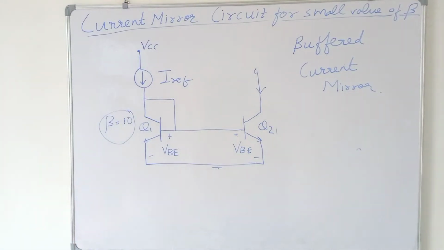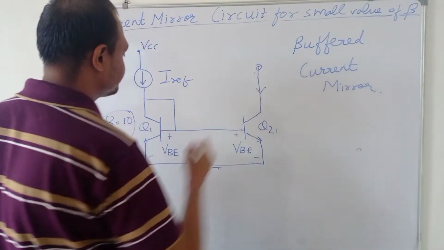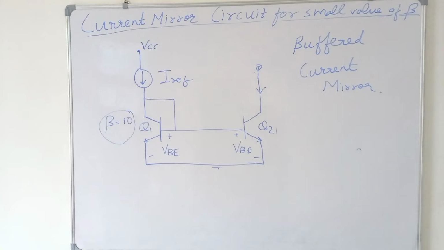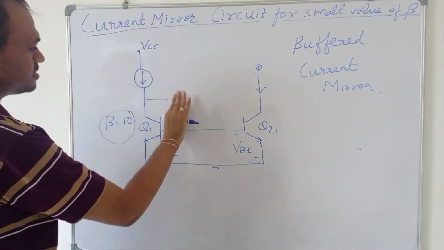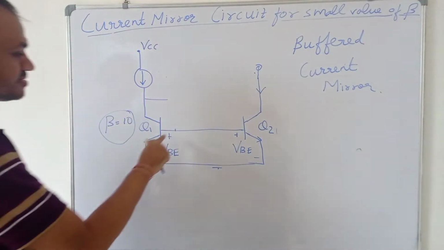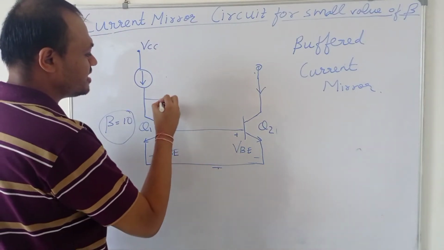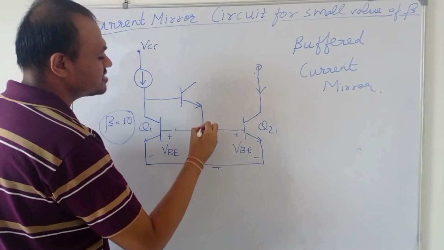In the buffered current mirror circuit, in this path we will connect another transistor.